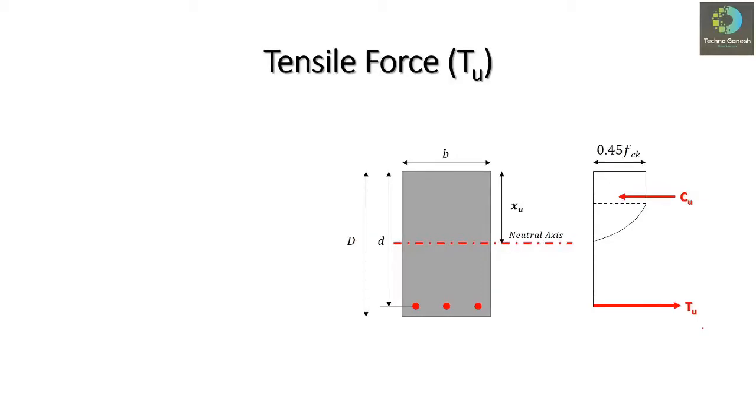That value we derived in the last lecture. We also found the point of application of this Cu, which equals 0.42 Xu. So in this lecture, we'll discuss the tensile force.